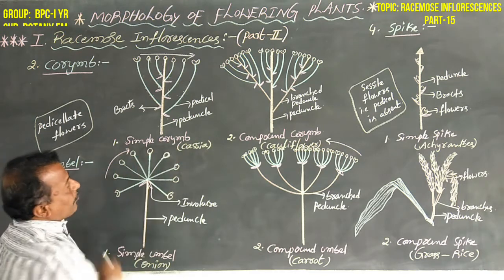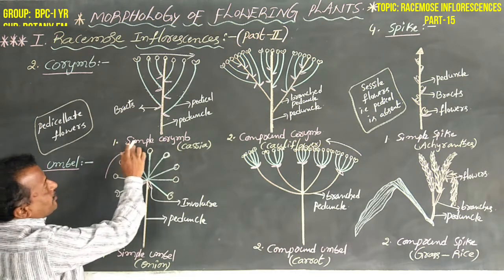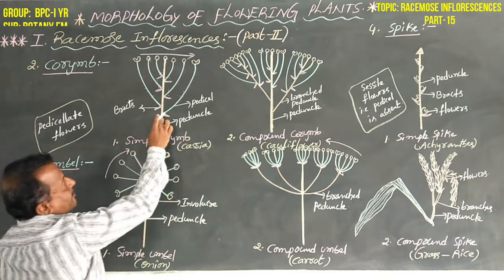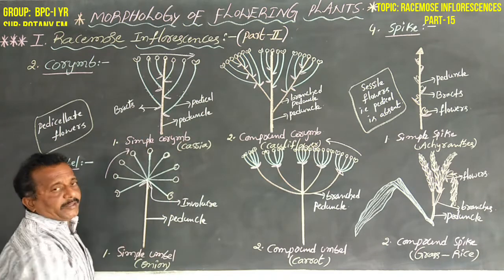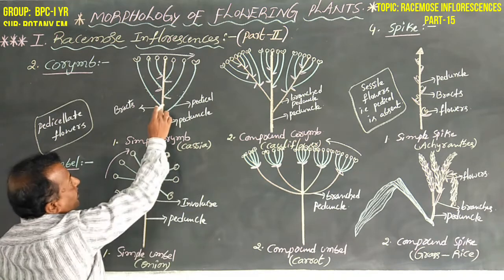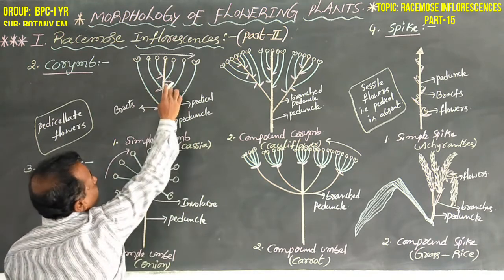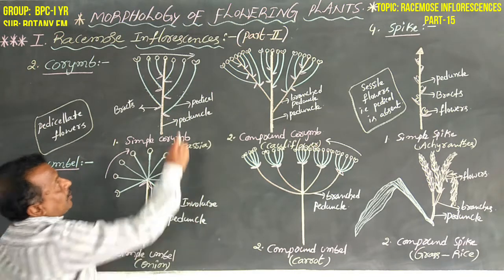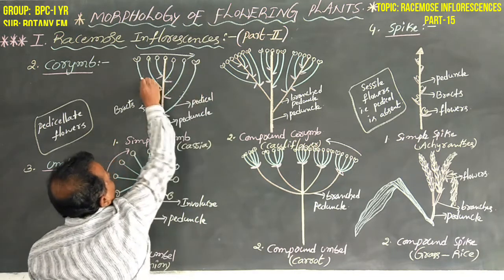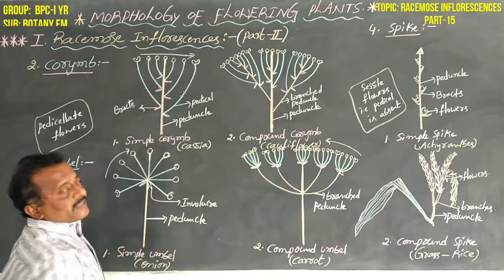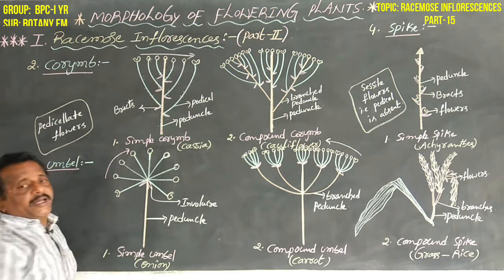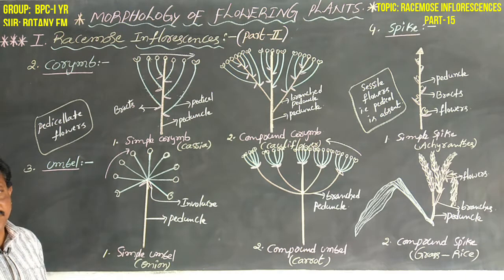Once again, the second type of racemose inflorescence is corymb. Corymb is of two types. The first one, simple corymb, is seen in cassia. This is a peduncle; the peduncle is unbranched. This peduncle has larger pedicels and smaller pedicels. Older flowers have larger pedicels and younger flowers have smaller pedicels.